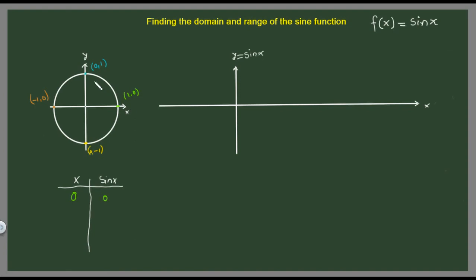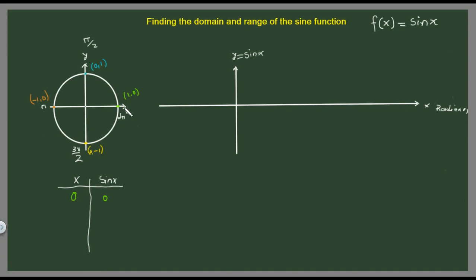When you take it in radians, because the whole thing is going to be represented in radians, here we have pi over 2, here pi, and here 3 pi over 2, and coming back here to 2 pi.